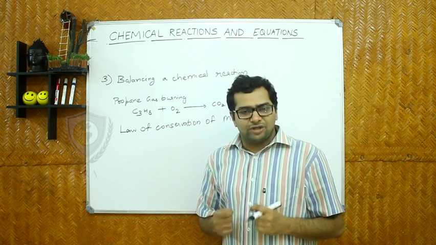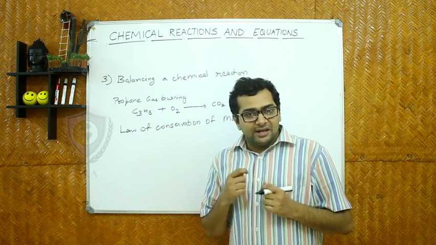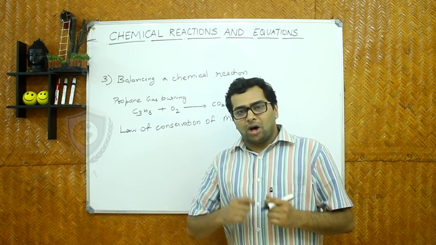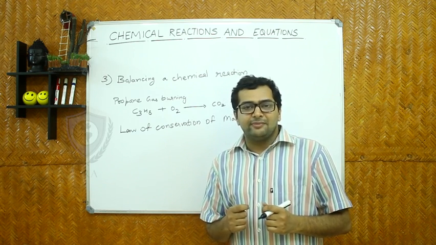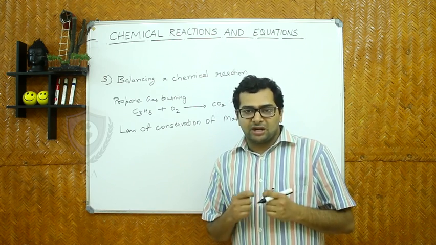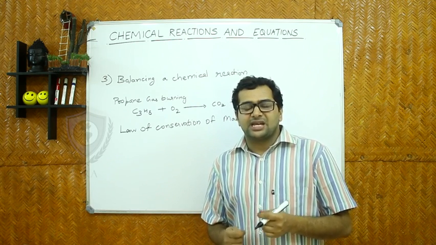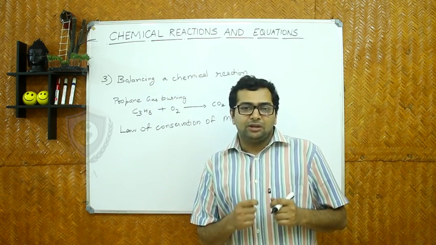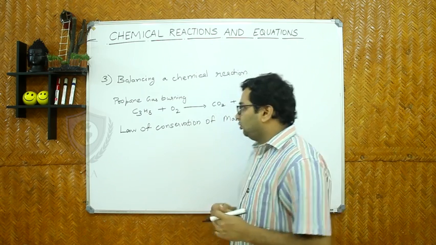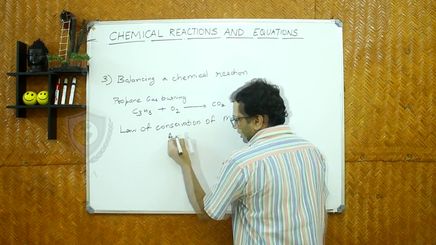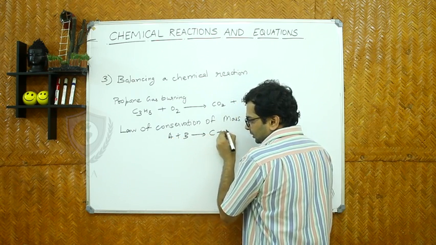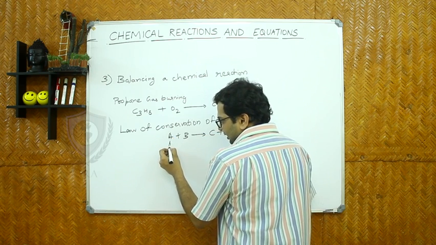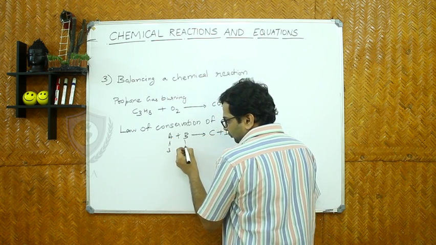The law of conservation of mass states that in a chemical reaction, the number of atoms of a particular element in a compound or element on the reactant side is equal to the number of atoms on the product side. So, for example, A plus B gives C plus D. The number of atoms of A, let's say it is 3, and B is 4.